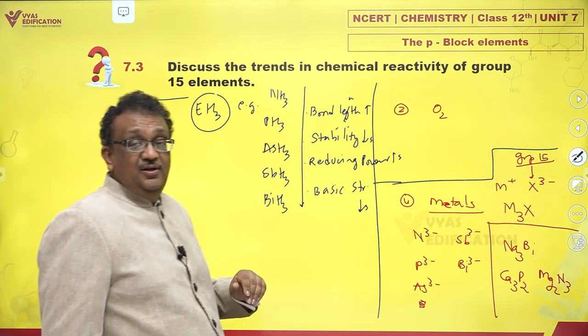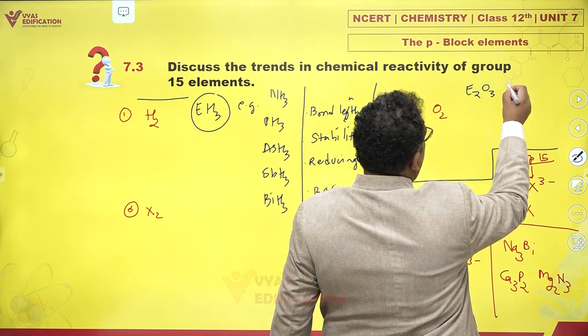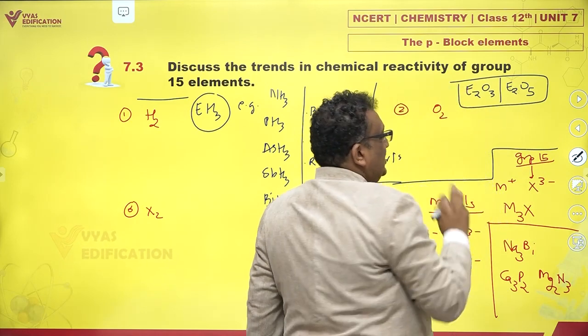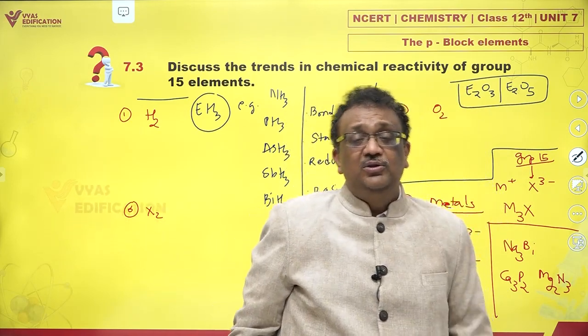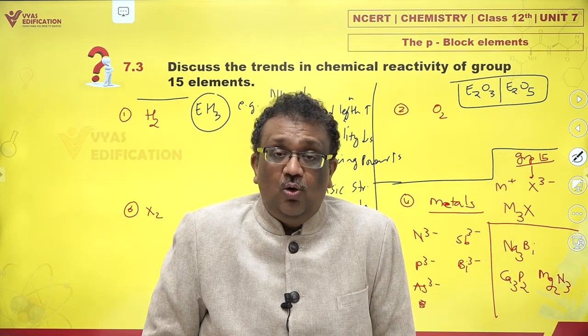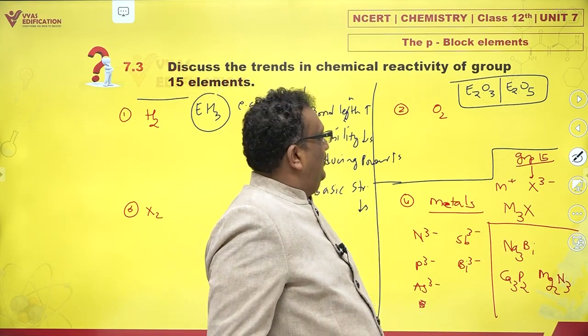What about oxygen? With oxygen, they can form E2O3 and E2O5. Typically, all of them can do this: N2O3, N2O5, P2O3, P2O5, As2O3, As2O5. Typically, because they show oxidation states of +3 as well as +5. That's it.